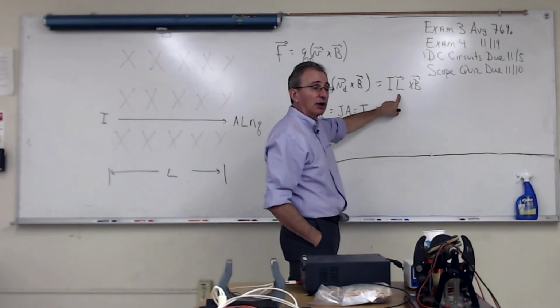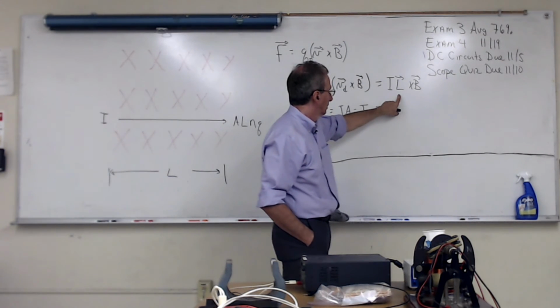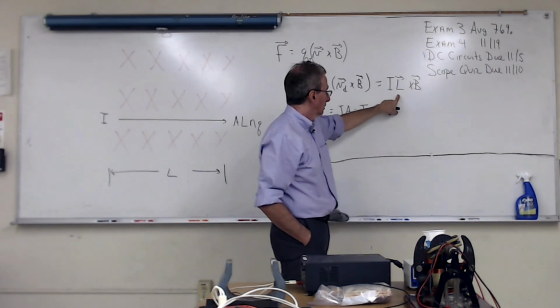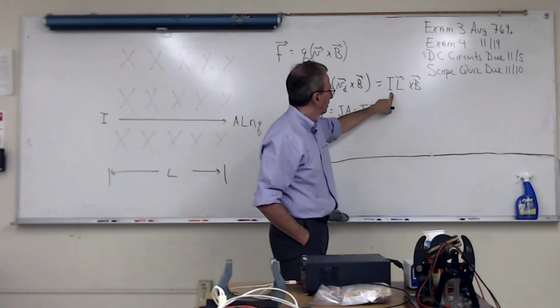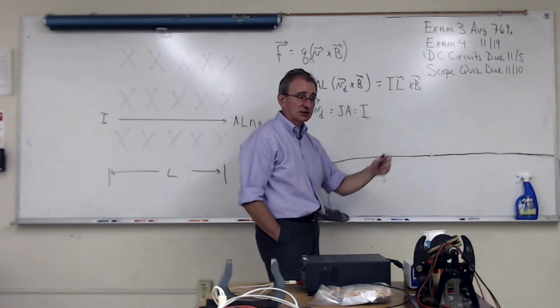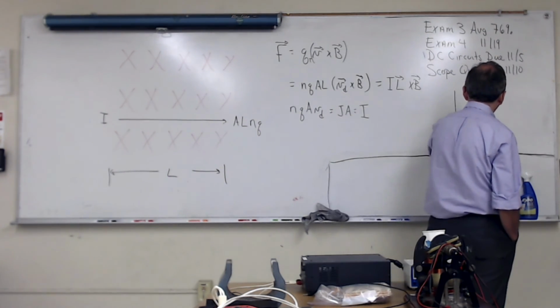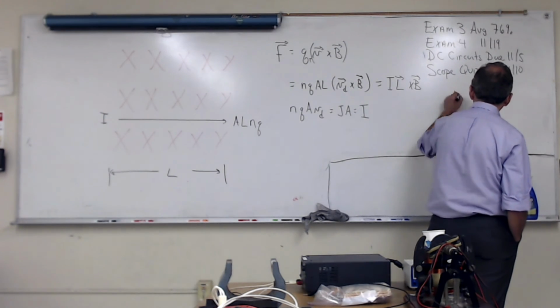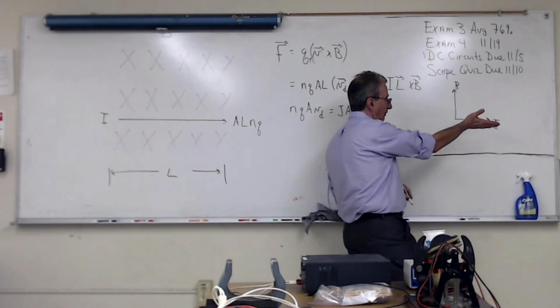And it obeys the right-hand rule. The only difference now is that instead of using V, use the direction of I in your right-hand rule. So this obeys the same right-hand rule as the force on a charge in a magnetic field. So what you do, point your fingers in the direction of I, curling towards the magnetic field.